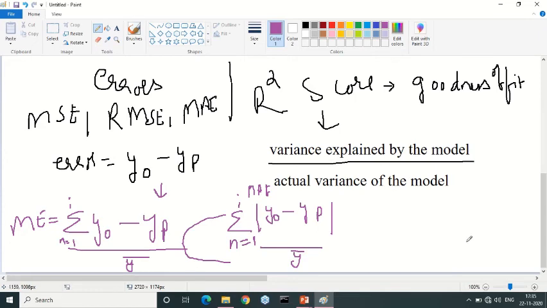Now what is MSE? MSE is the mean squared error, where you take the square of this error: y output minus y predicted, whole squared, divided by y bar. Since we are taking the square of the error, the value is still huge.